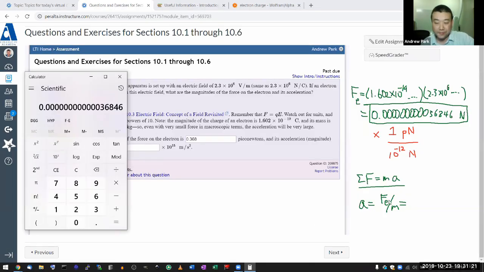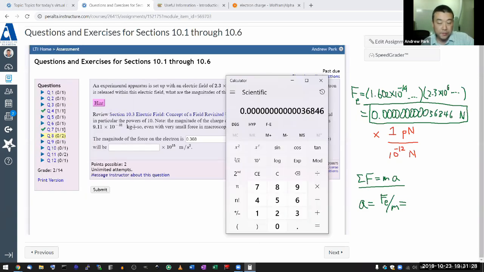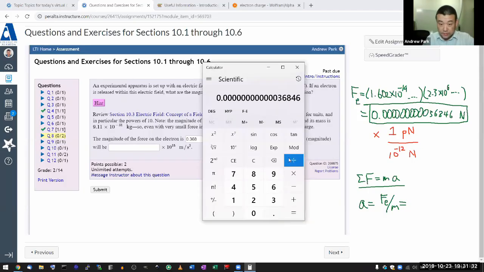So now what I can do is take this force and divide by the mass of the electron to get the acceleration of the electron. So divide this number by 9.11 times 10 to the minus 31, equals. All right, this big number, I'm not going to read out the whole thing.